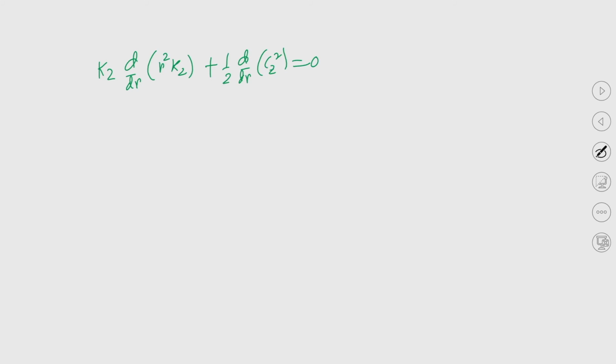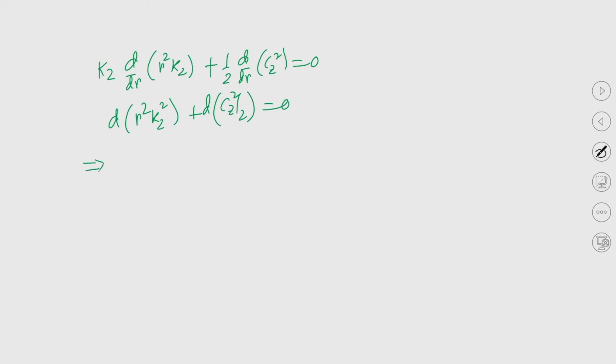Now, see, we can write d of r square k 2 square plus half, basically C z d of C z, that is d of C z square by 2, equal to 0.